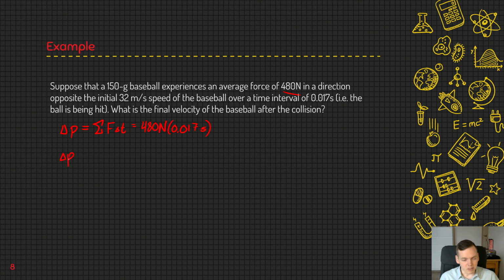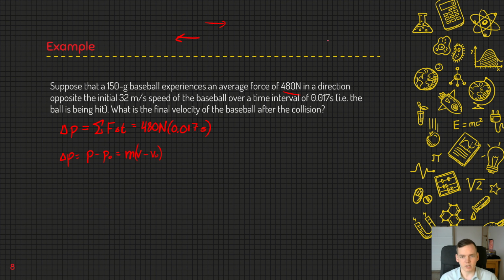Change in momentum is also equal to final momentum minus initial momentum, which will equal mass times the final velocity minus the initial velocity. So we know the initial velocity was 32 in one direction, and the final velocity is going to be in the opposite direction. So I'm going to say it was initially going to the left and make this initial velocity negative. That will also let me make the force in the positive direction.